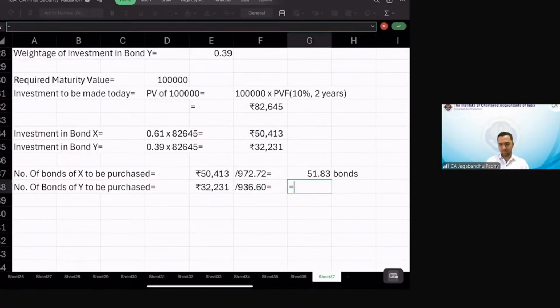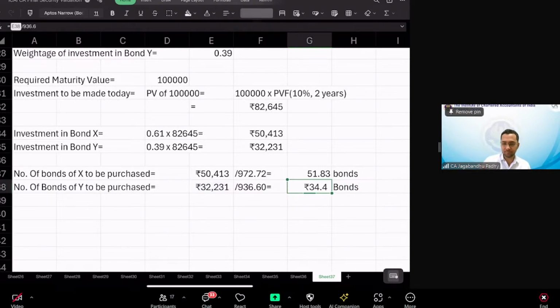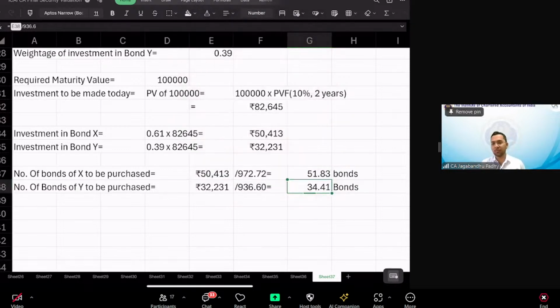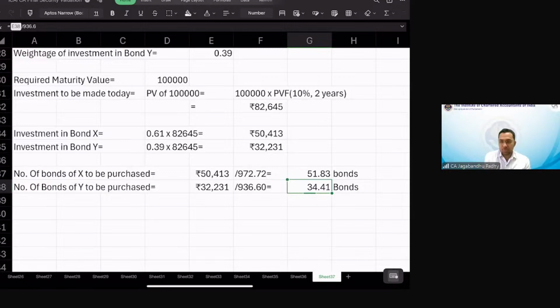So we can say the number of bonds to be purchased is 32,231 divided by 936.6. So this is so many bonds, 34.41 bonds. Right? This is the number of bonds to be purchased by us to immunize our portfolio.